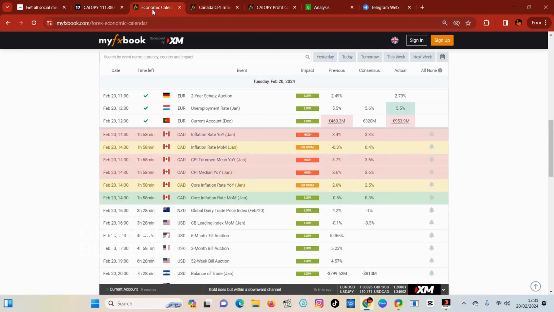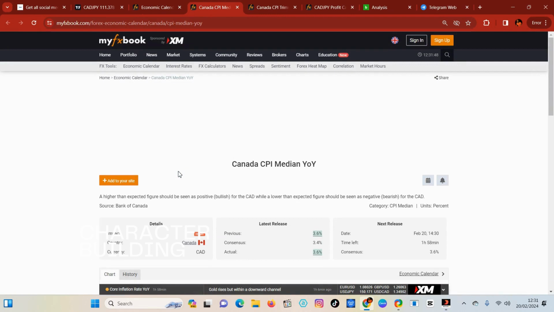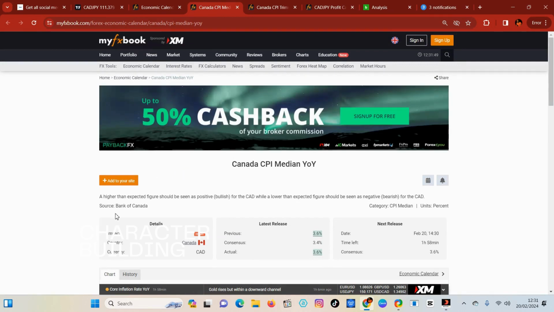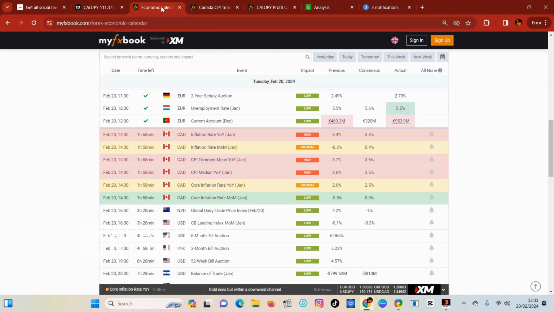This one is a CPI, we have already done that one. Let's do the next one. A higher than expected figure should be seen as positive, bullish. This is 306. So all of them are talking about sell right now. So we are going to sell this once it is 1 minute to the time.